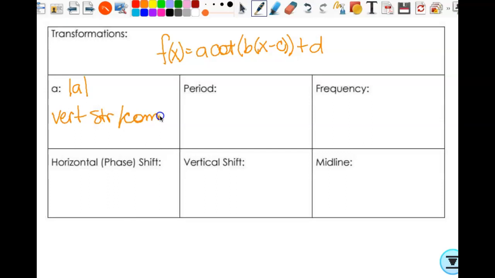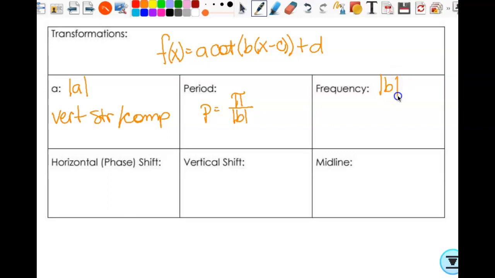Hopefully, that's not anything you ever mess up again. The period is still one cycle, but what do I divide by the absolute value of b? Pi, because it's a cotangent. Okay, so that's the biggest issue there, is that it's not 2 pi. That's for the sine and cosine and their reciprocals. Tangent and its reciprocal are pi.